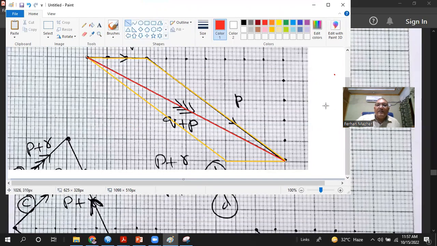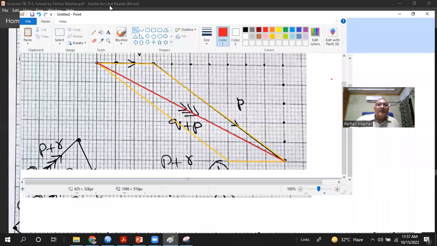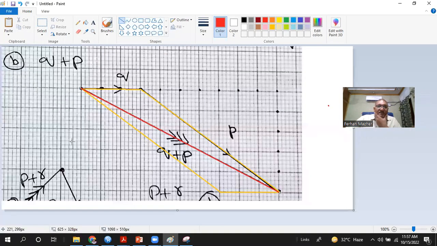That will give you the resultant of the two vectors. Whether you use the triangular law or the parallelogram law, in both cases the result will be the same. So this was your Q, and this was your P. Their tails were joined here.